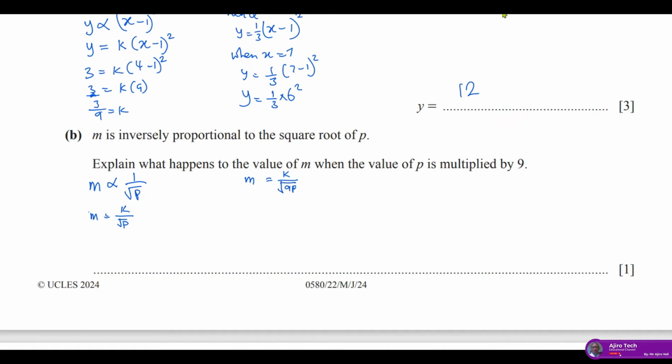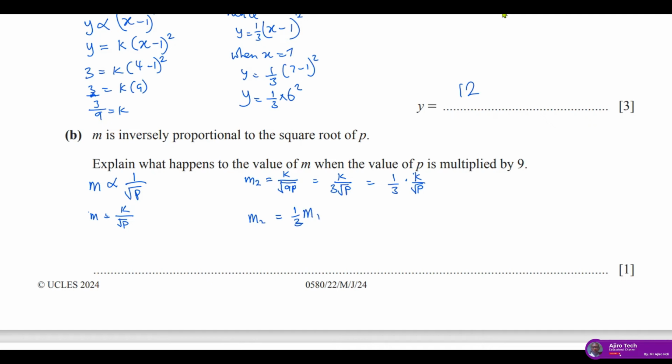So this becomes k over 3 square root of p. This becomes 1 over 3 times k over root p. This was the former value of m, right? So you can say that's m2. Let's say m2 now becomes 1/3 of m1.